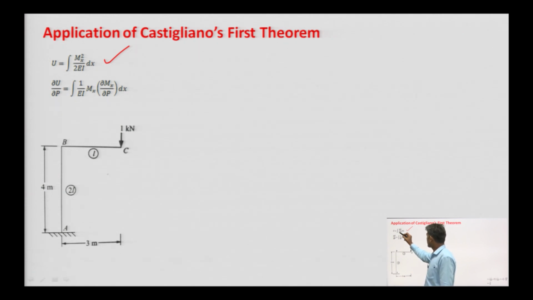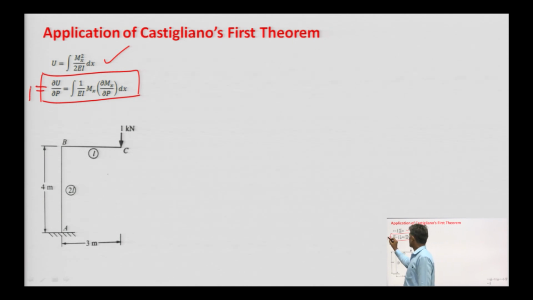The 2 and 2 will cancel out, giving 1 upon E I into m x into del m x by del P into d x. This expression will be used in calculating the displacement.